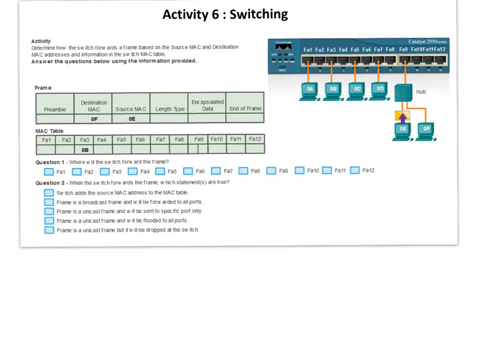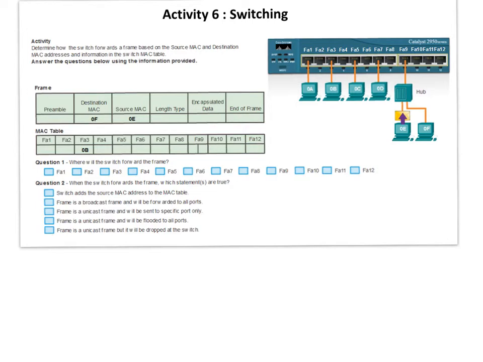Okay, and the first 64 bytes, why exactly 64? Through experiments they found that if there is any collision, it actually happens in the first 64 bytes. After that, the probability of collision is very, very low, close to zero. So that's why there is one particular type of switch, which is called fragment-free switches.